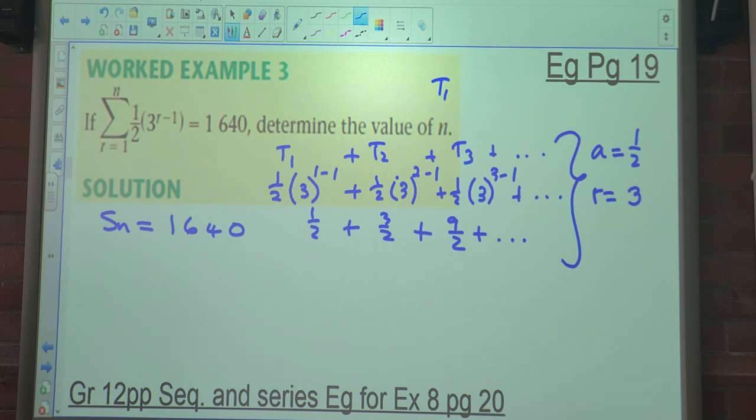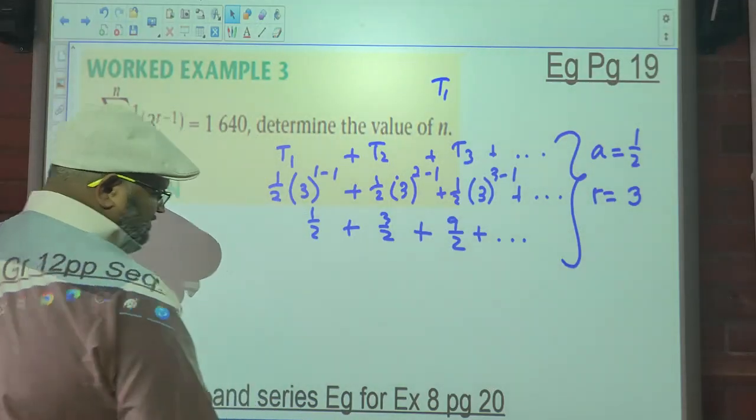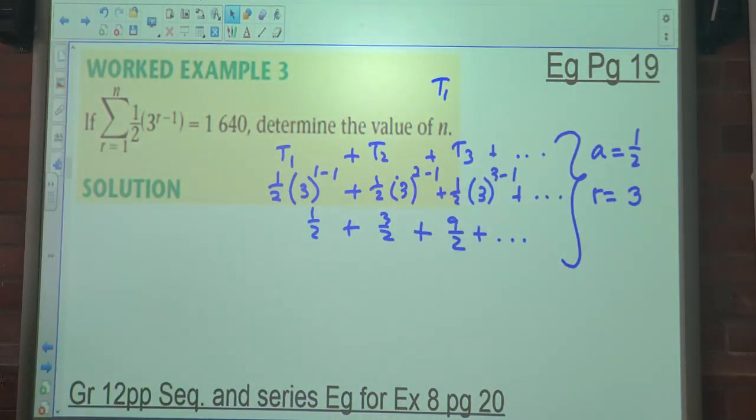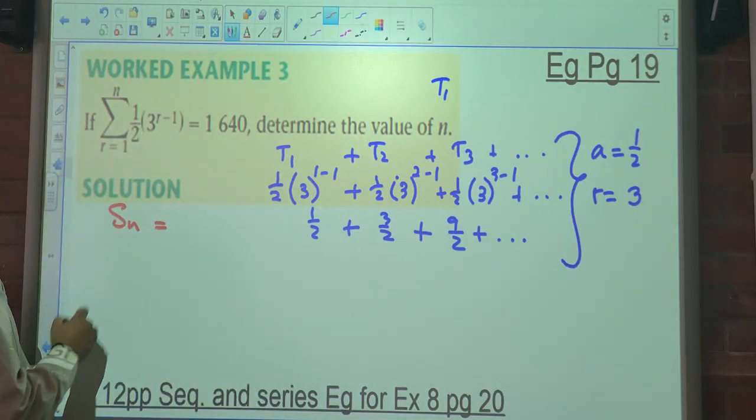Sorry? Use that formula. So it says n over 2 into 2a plus n minus 1 d, or Sn is equal to n over 2 into a plus... You all agree with that? When do we use that formula? Arithmetic. Is this arithmetic? No. But you have the right idea. But you must use a geometric formula.